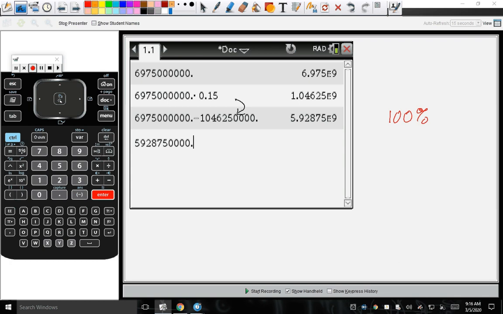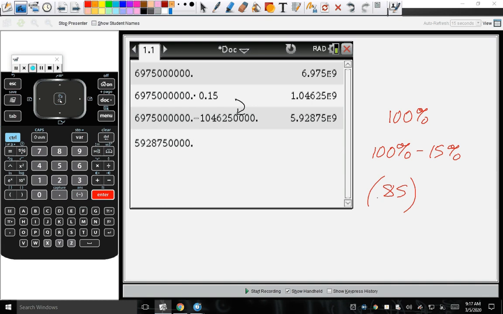You with me? But now I'm about to decrease. So it's going to be 100% with a decrease of 15%. You with me? Showing that it should be 85%.